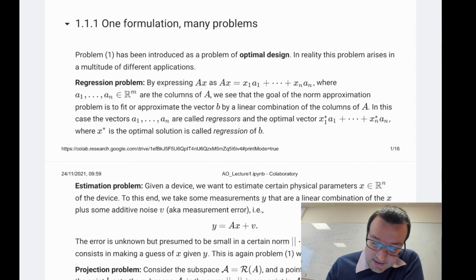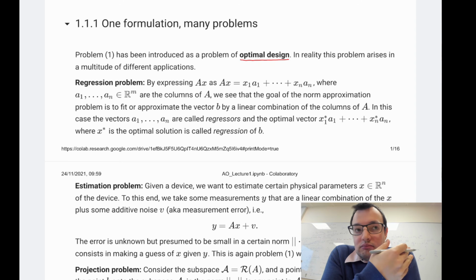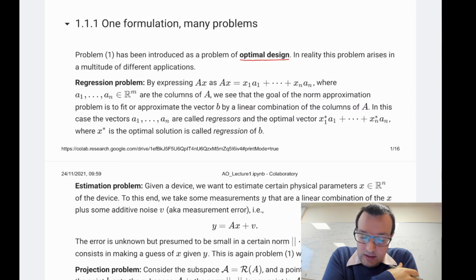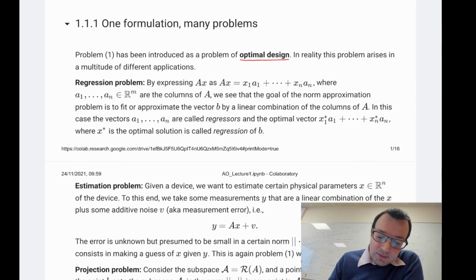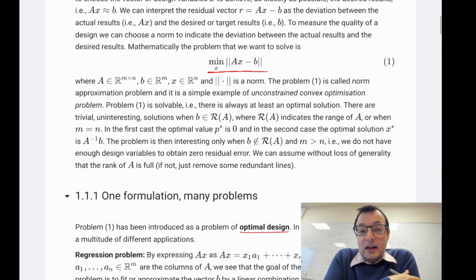The problem that we have just seen is known as the optimal design problem. That's why, because given a desired vector b, we want to design this variable x in order to achieve our desired goal. But this problem of minimizing the norm of Ax minus b is actually a very general mathematical problem which arises in many different fields with different underlying meaning.